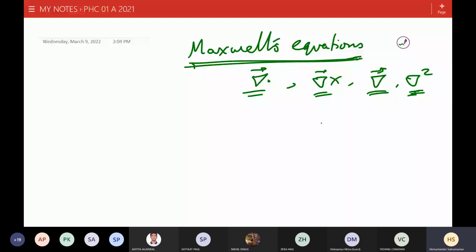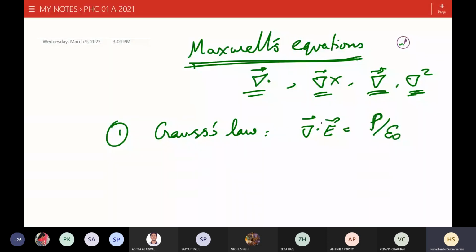In the late 19th century, Maxwell collected what was already known about electrical and magnetic phenomena together into a set of equations. The first equation was Gauss's law: divergence of E is rho over epsilon naught.